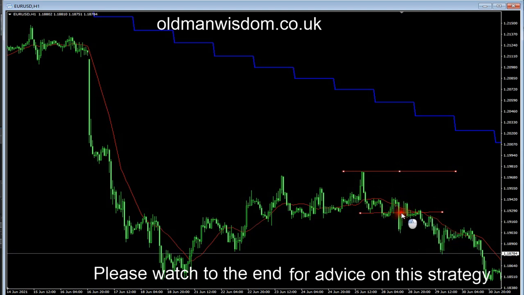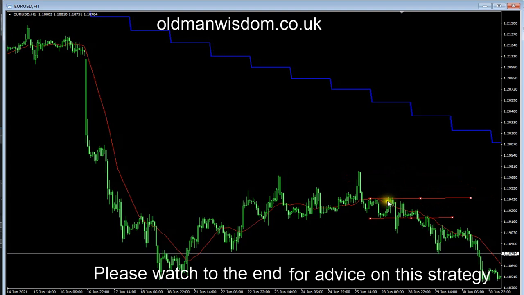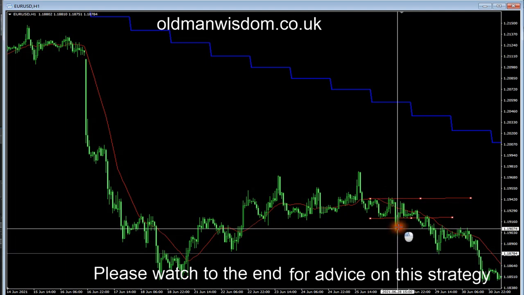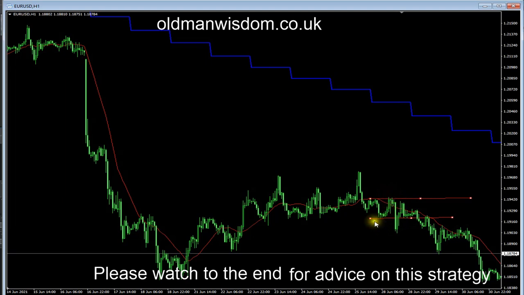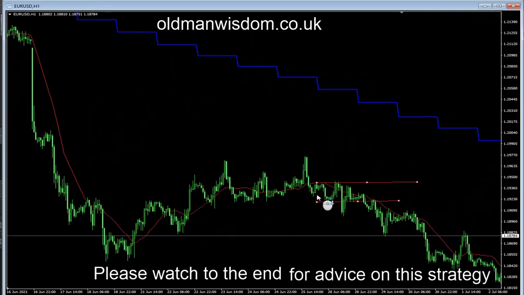So we're just going to simply move this low to there, and we're going to move our high to there. It spikes through it but doesn't break through it completely. It goes above the moving average and breaks through. We've got a stop loss of 40 pips. So we're looking at a profit of 80.